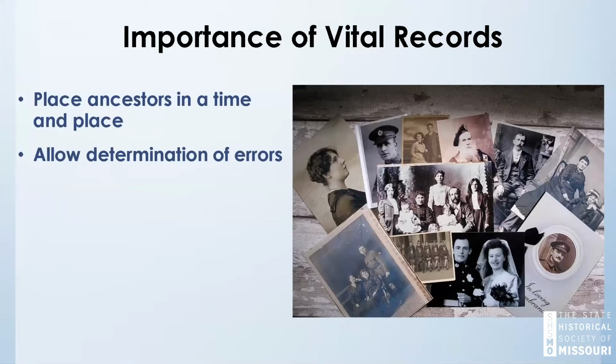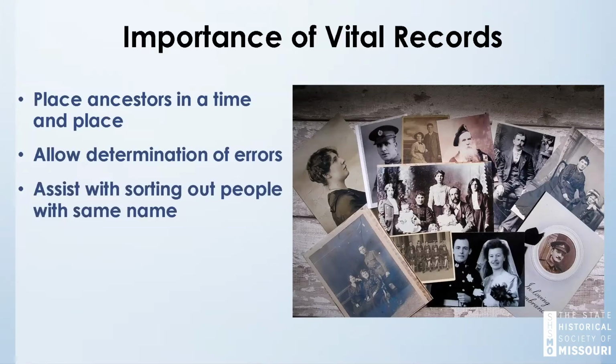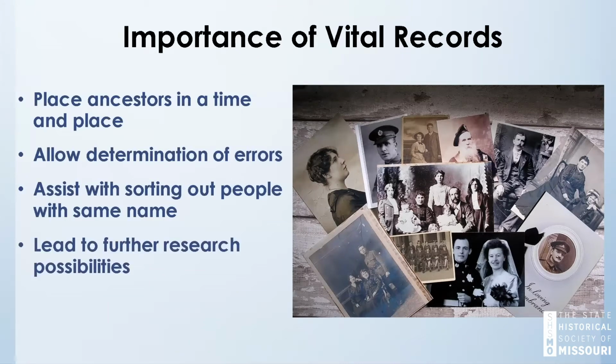If you have an actual record that occurred contemporary with the event, that's your ultimate source and will allow you to determine which other records might be erroneous. They assist us with sorting out people of the same name because of different ages, different locations, and so forth, and lead to further research possibilities.